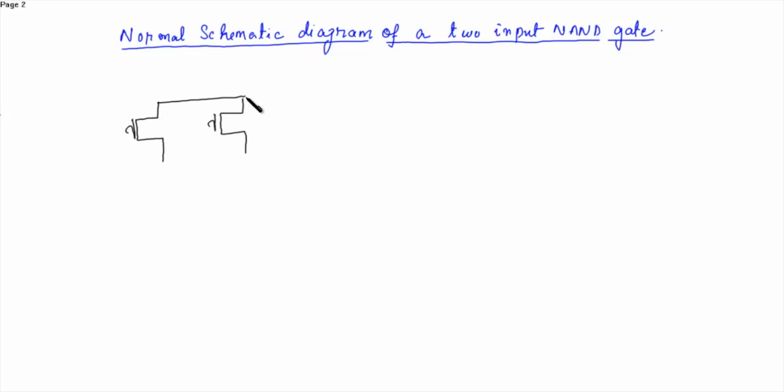The sources of the PMOS are connected to VDD. So this is VDD. And the two NMOS are connected in series, and the source is connected to ground.